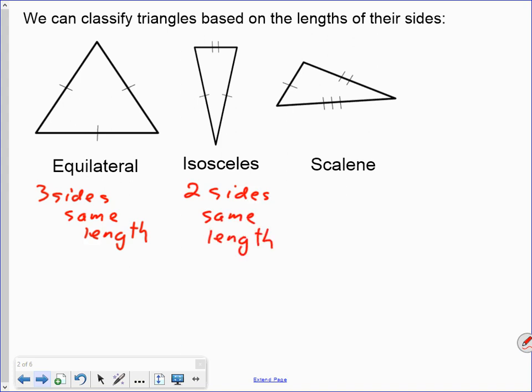And we have a scalene triangle, where all the sides are different lengths. You've been working with these terms, equilateral, isosceles, and scalene, for years now.